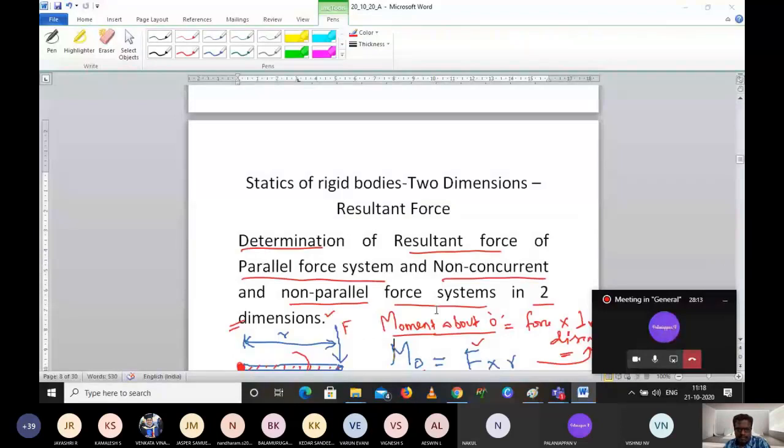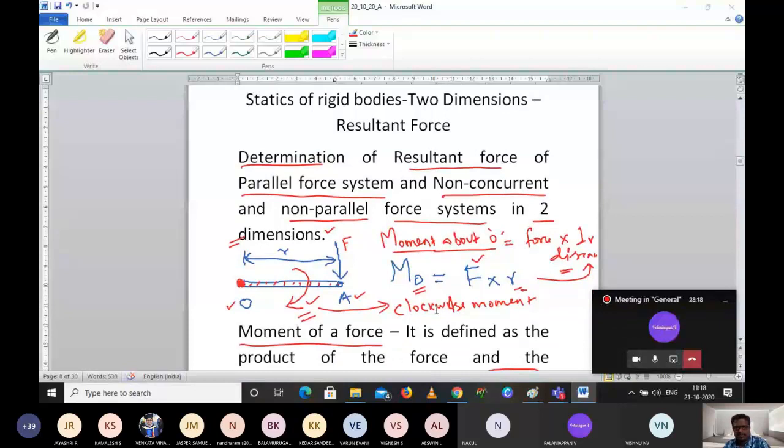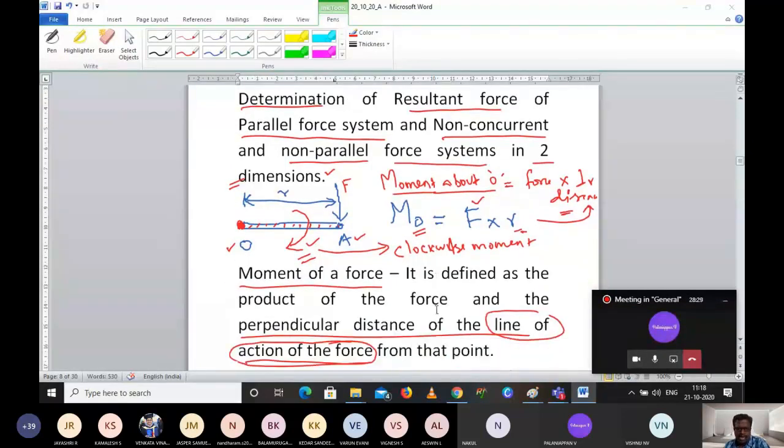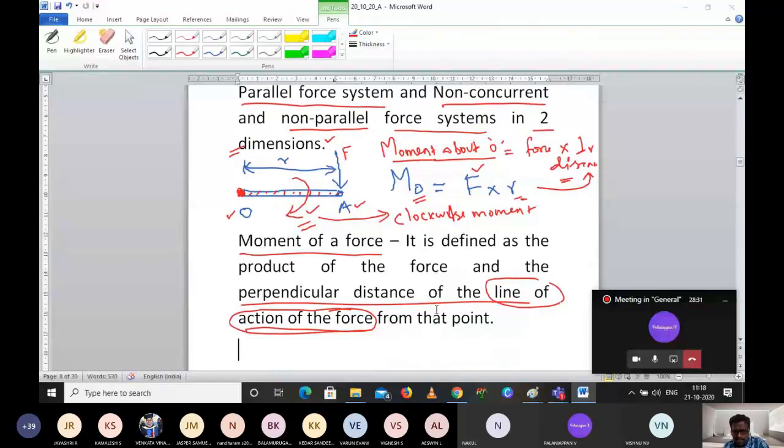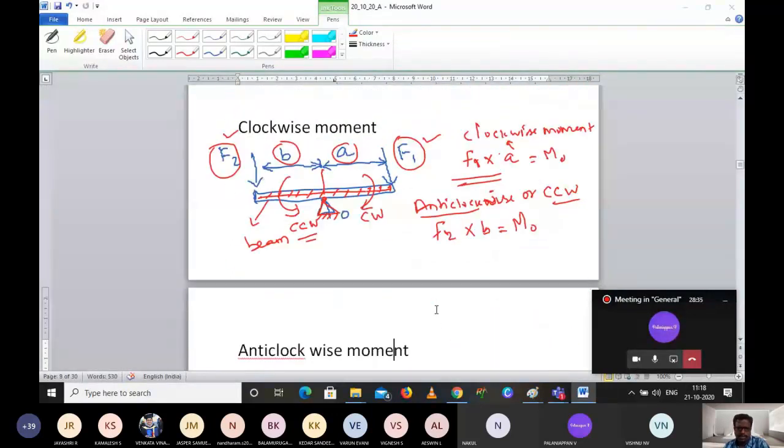So now, after that we went for the statics of rigid bodies in two dimensions, that is resultant force, and we calculated the moment about O, that is force into perpendicular distance. I explained what is clockwise moment and what is anti-clockwise moment, and how to take moments with respect to a fixed point or point of reference.